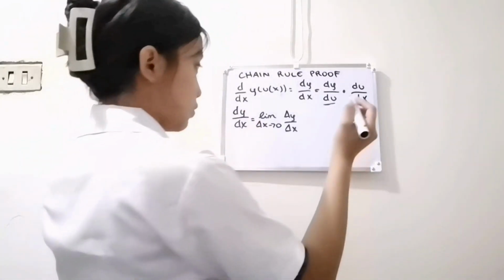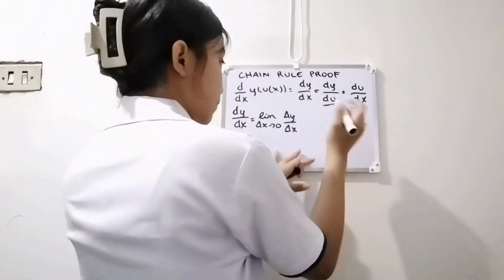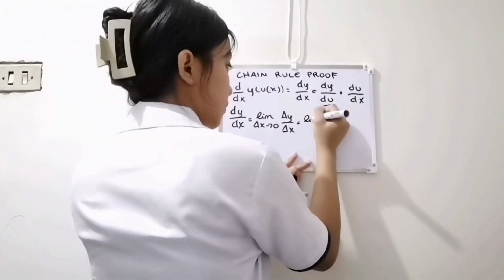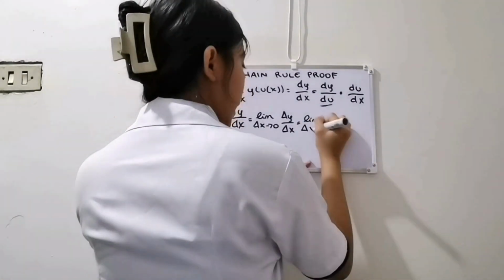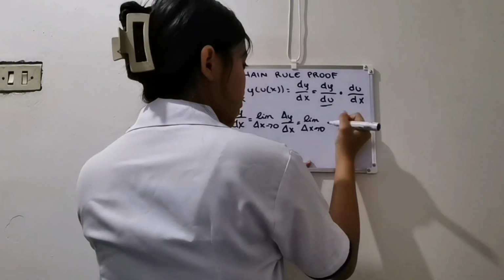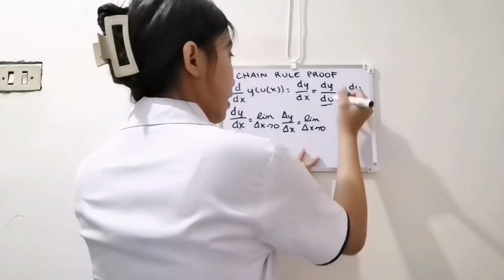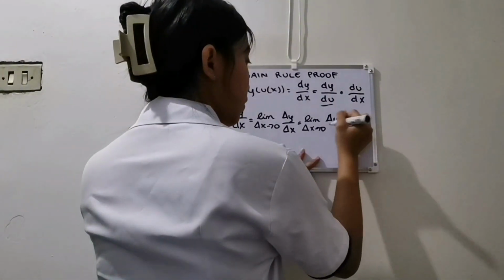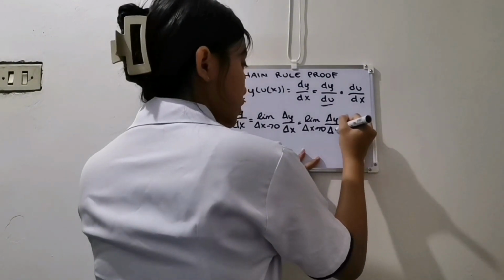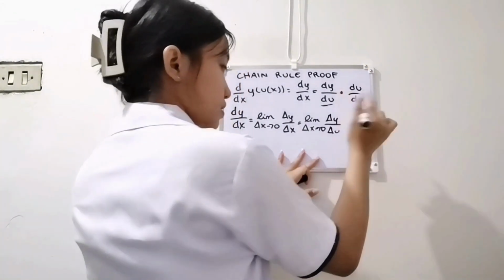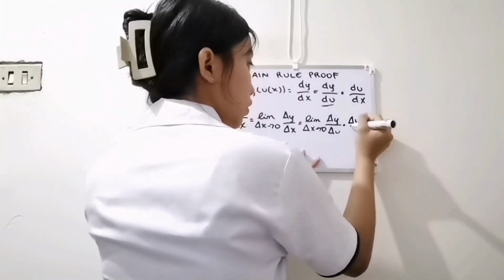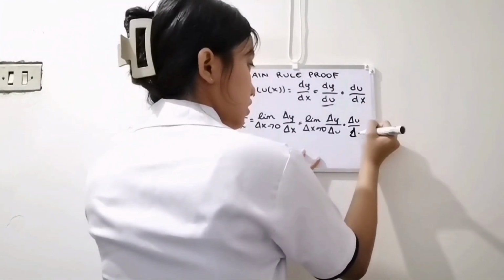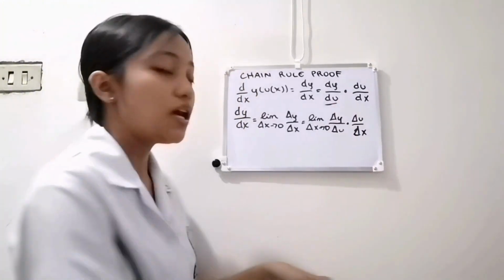So this is equal to the limit as delta x approaches 0 of change in y over change in u times the change in u over change in x.